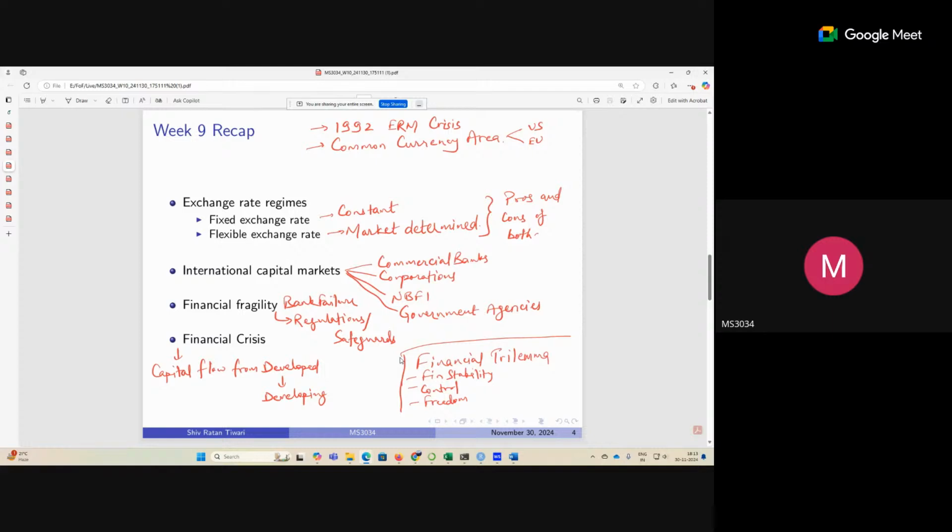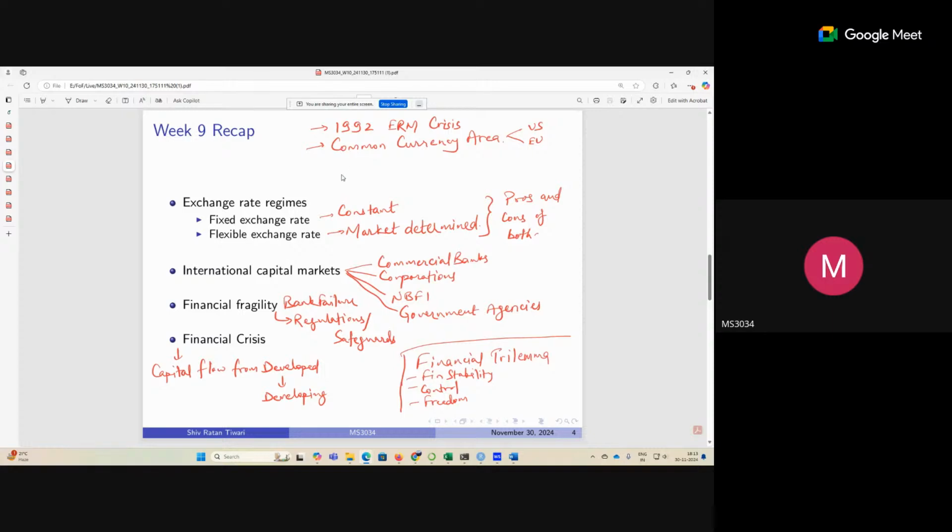Most of the nations in today's world are using these flexible exchange rate regimes, and we discussed the pros and cons of these two different exchange rate regimes, and how going from one exchange rate regime to another can lead to an exchange rate crisis.